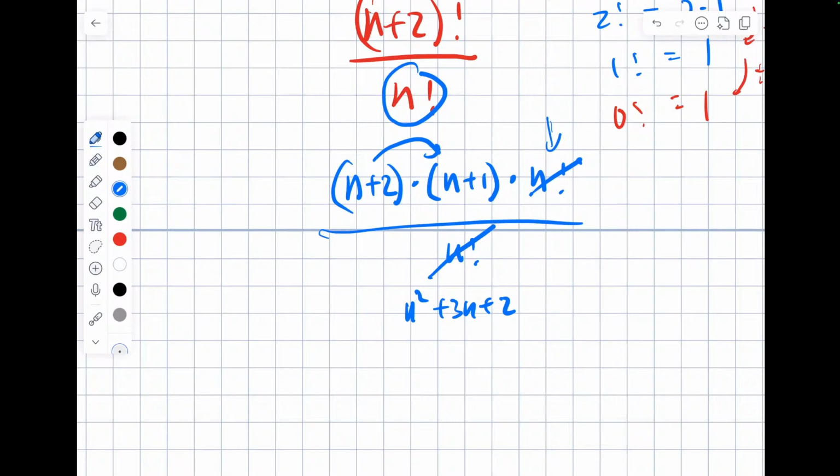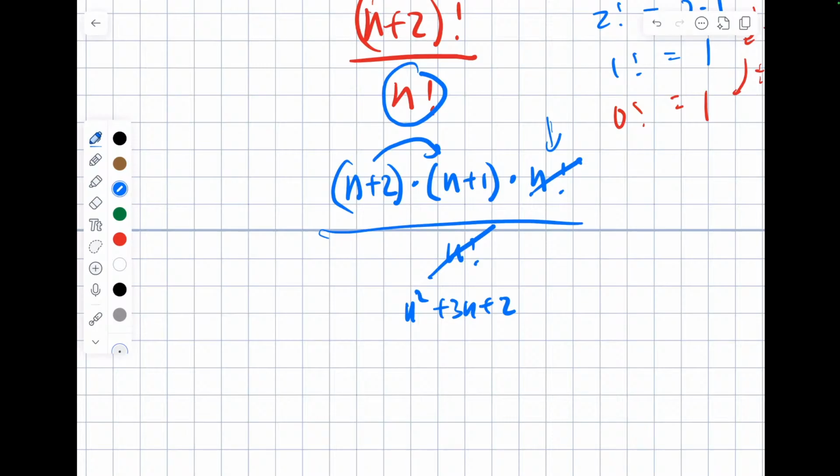Because when you do 100 factorial, you're multiplying everything 100 times 99 times 98. So it's like if you do 98 factorial times n plus 2, you get 99, and then 100 I have right here divided by this 98.